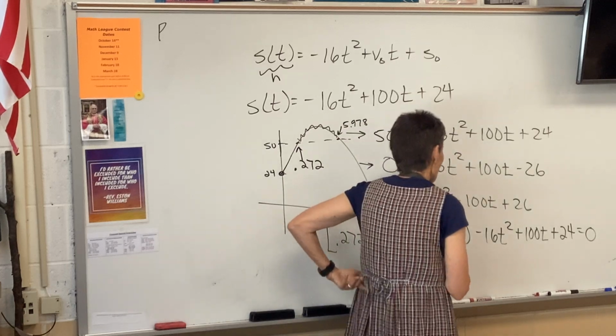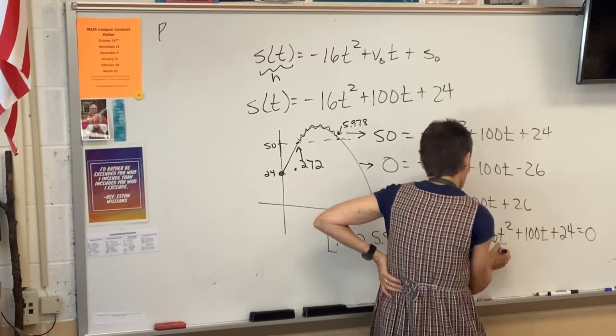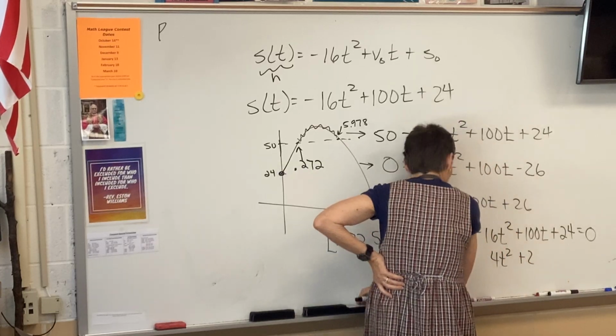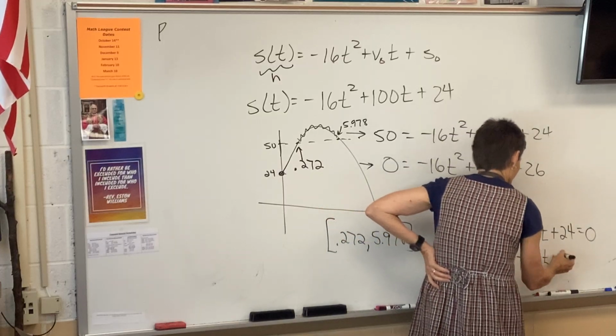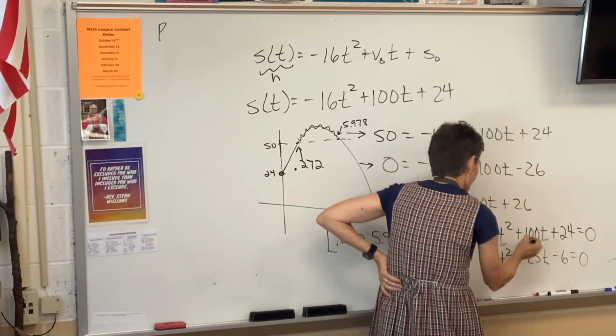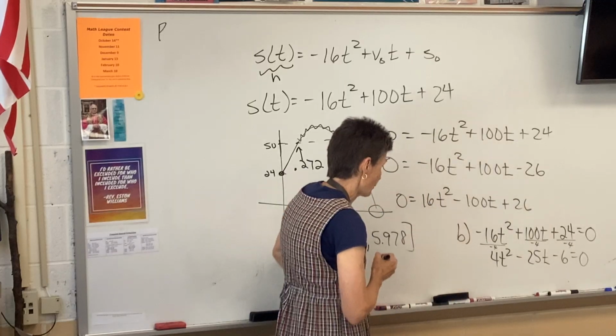So you thought that factored? Okay, maybe that one doesn't factor. Let's look at it and see. I'm gonna divide everything by -4, so I can look at a little bit smaller numbers.